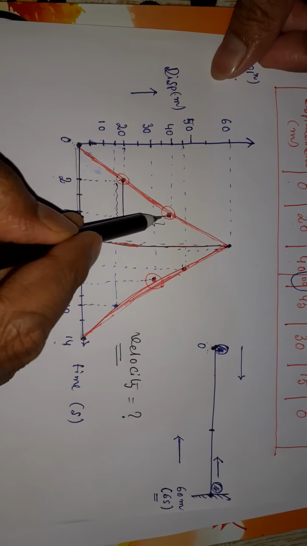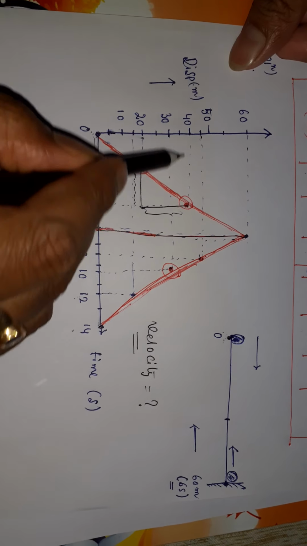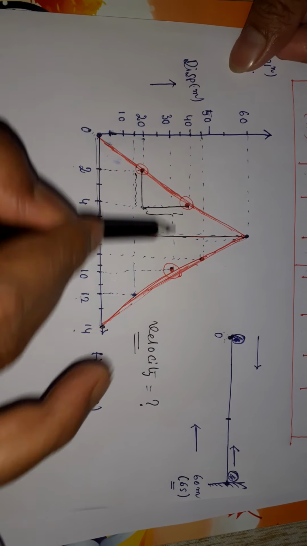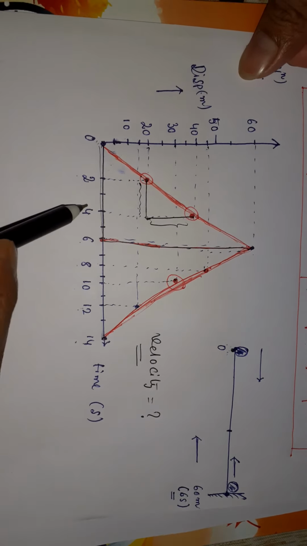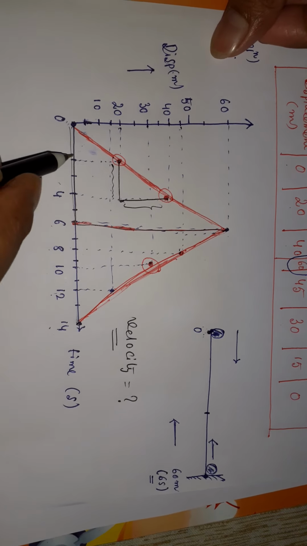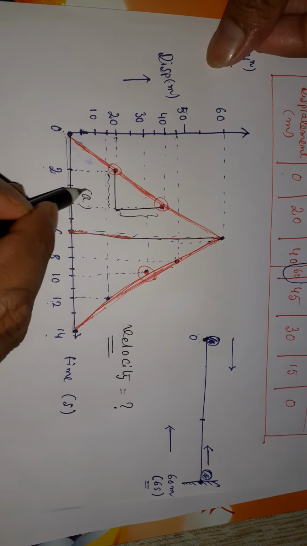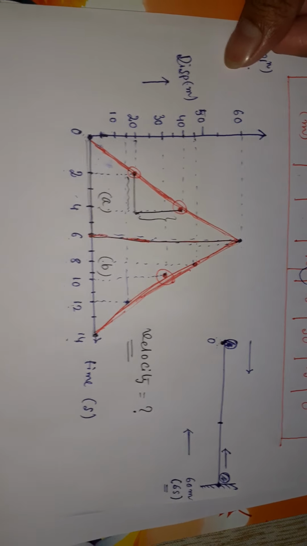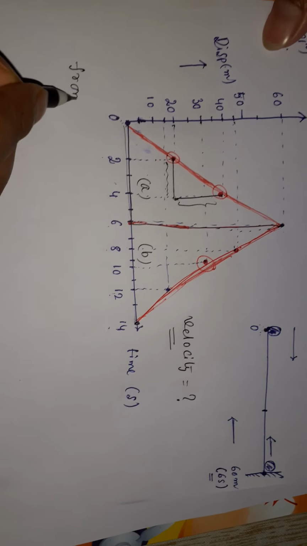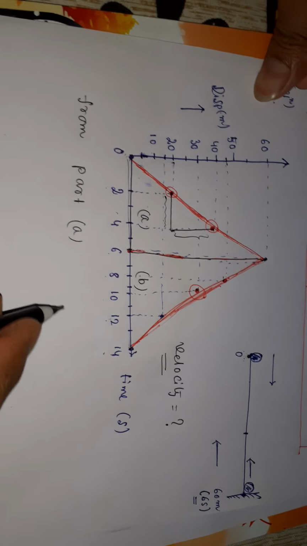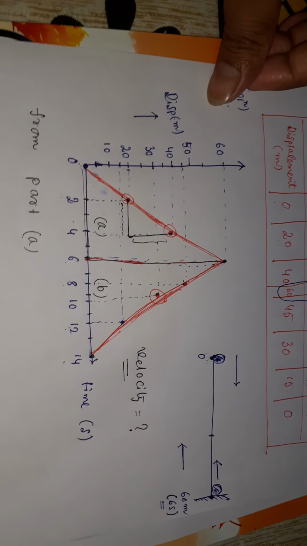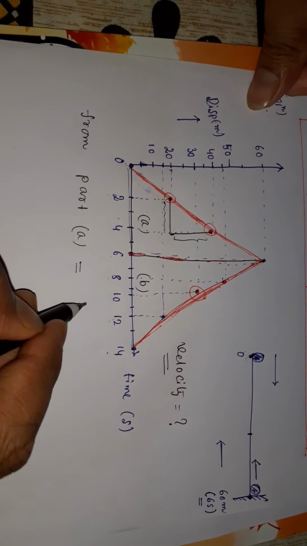Height of the triangle will give you what? Height of the triangle will give you the displacement, as we have already discussed. The base of the triangle will give you the time. So suppose this is part A and this is part B. From part A, what can we consider?